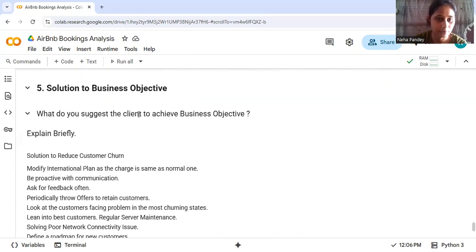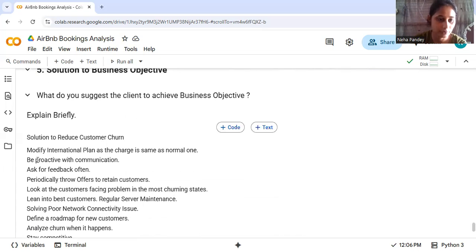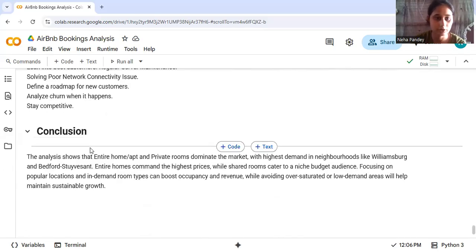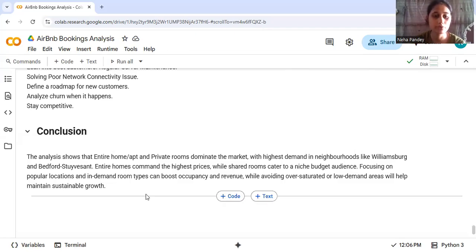The solution to the business objective, then conclusion. The analysis shows the entire home and private room dominate the market, with highest demand in neighborhoods like Williamsburg and Bedford-Stuyvesant. Entire homes command the highest price, while shared rooms cater to a niche budget audience.